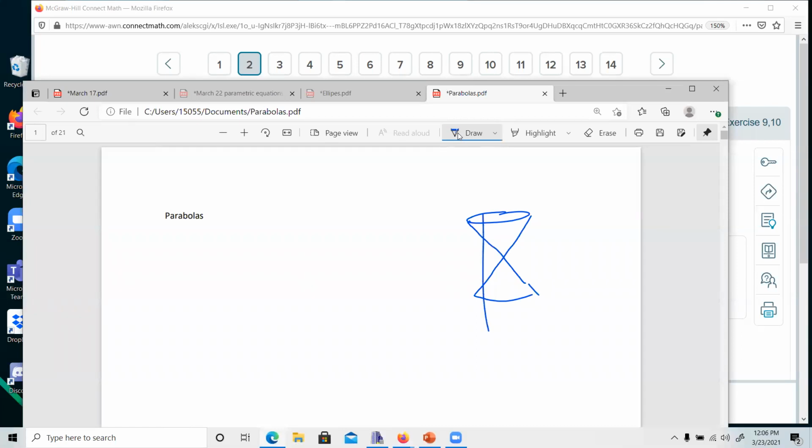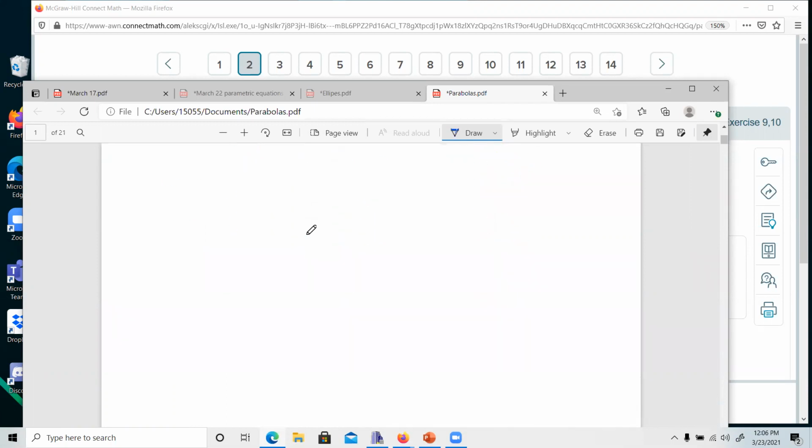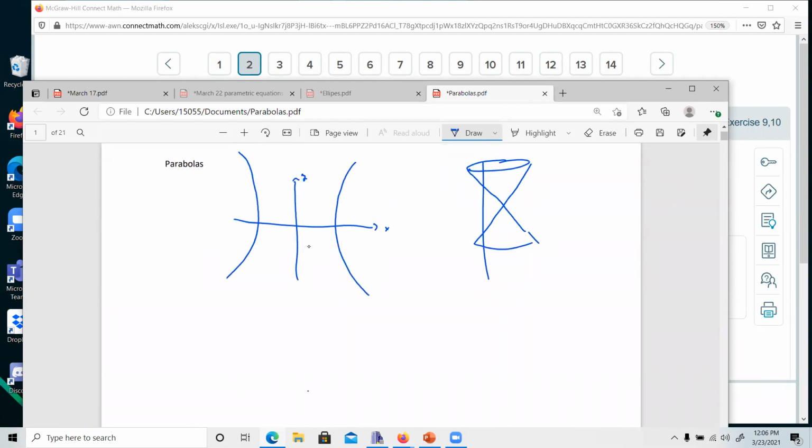So we take a slice this way, and you're going to get something that looks like this. Here are your axes. Or you're going to get something that looks like this.